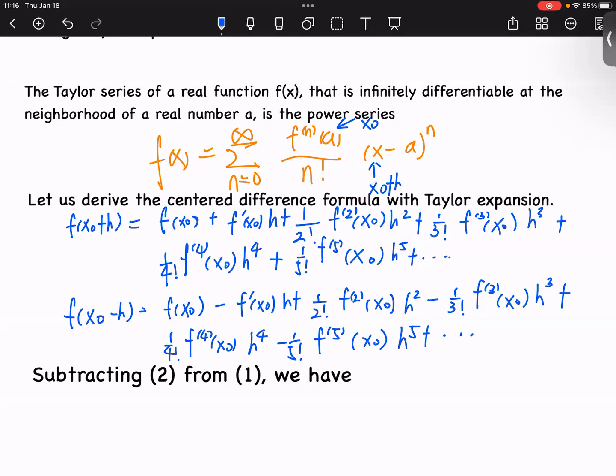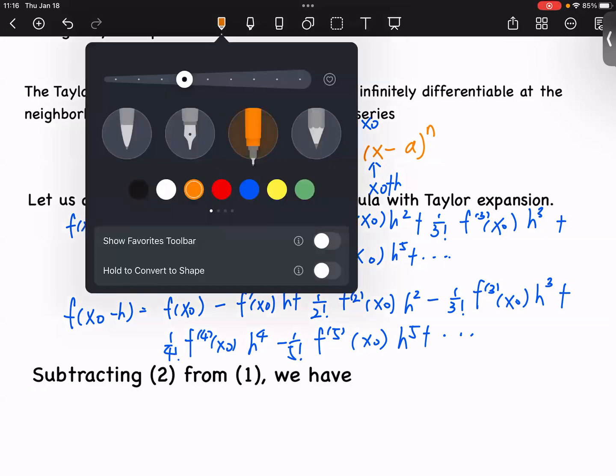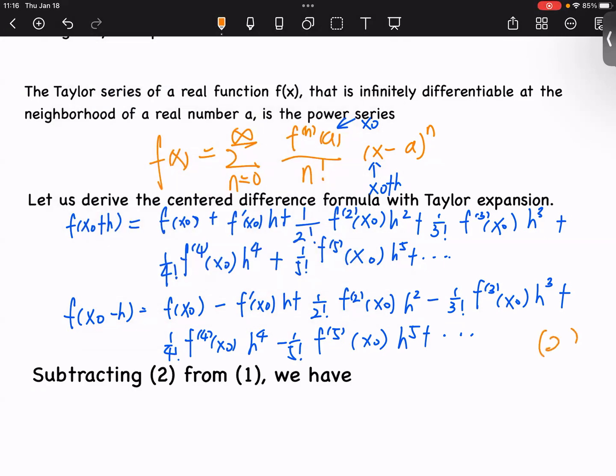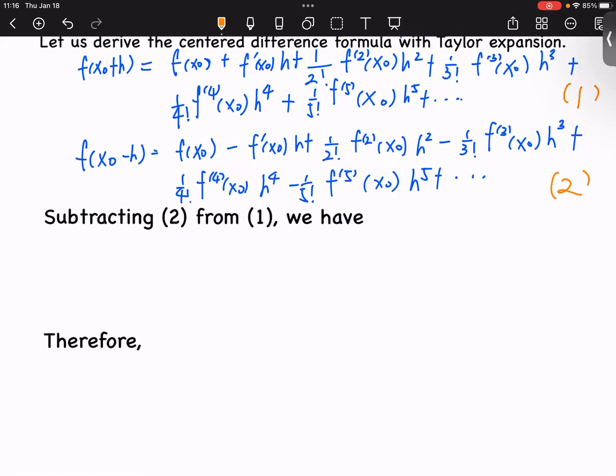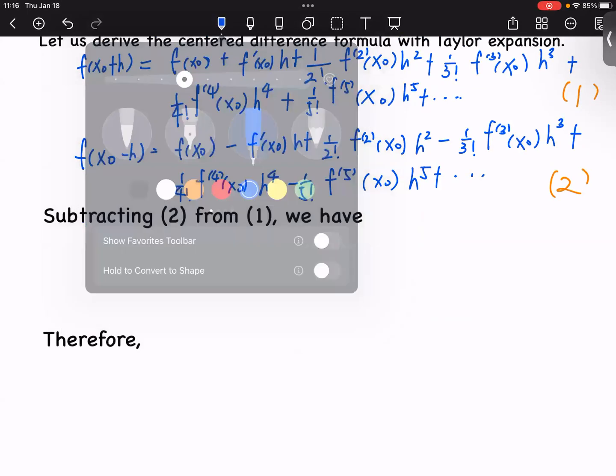And then the next thing we are going to do, so let's say this is formula 2 and this is formula 1, and then we are subtracting 2 from 1, and we do the subtraction there.